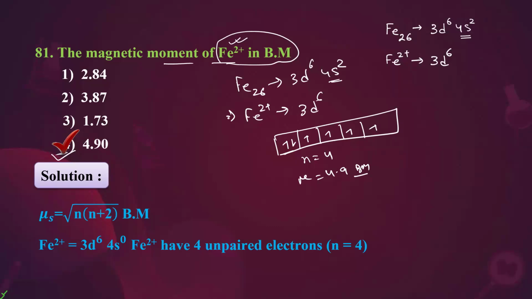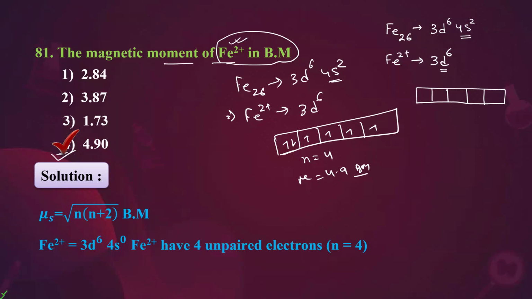Okay, you know this is the d subshell. The d subshell has 5 d orbitals. So put 5 boxes. Then put electrons according to Hund's rule. What does that mean?